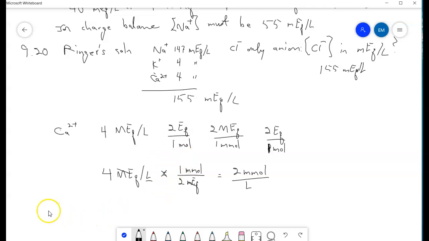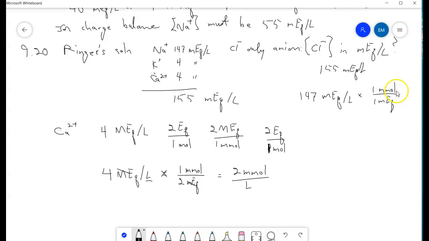So now you don't even have to do the calculation for sodium and potassium because there's 1 charge on each ion. So it's going to be 147 millimoles. And let me set this one up just so you can see what I'm talking about. Milliequivalents per liter times 1 millimole per 1 milliequivalent.